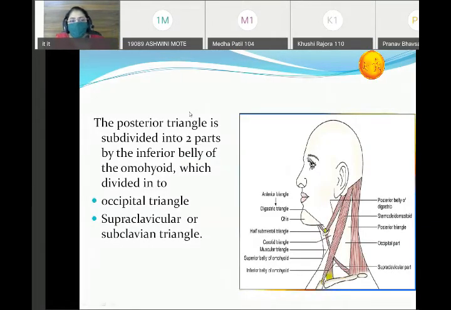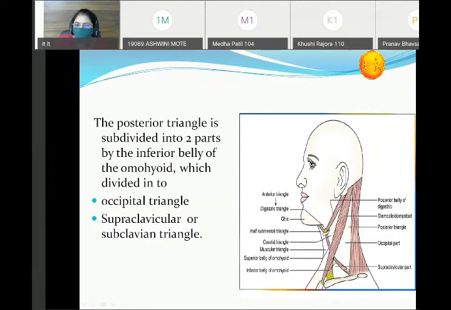This posterior triangle is subdivided into 2 triangles. As we have seen, the anterior triangle is divided by the anterior belly of digastric, posterior belly of digastric, and superior belly of omohyoid. Like that, the posterior triangle is divided by the inferior belly of omohyoid.